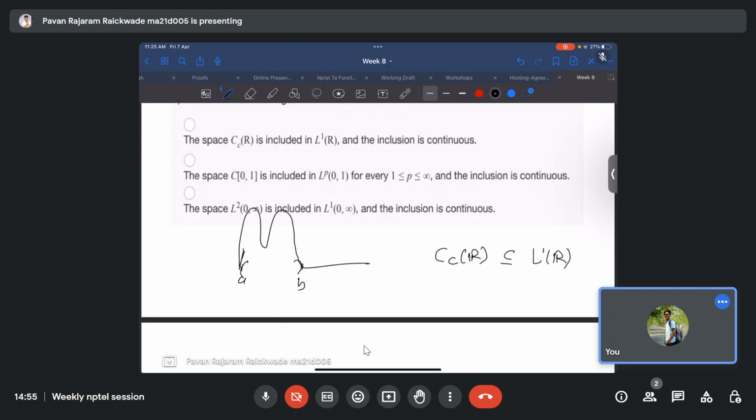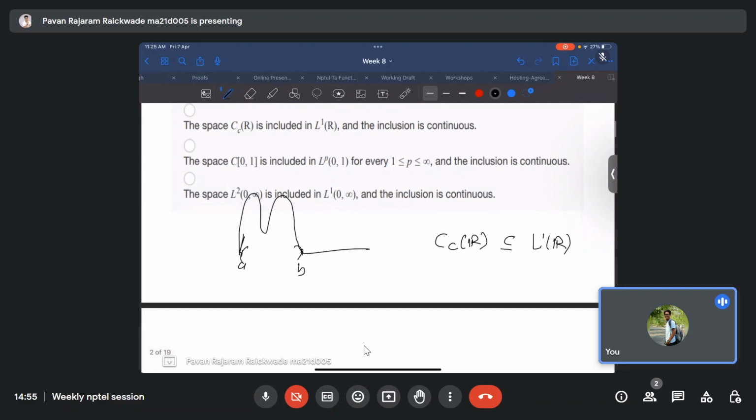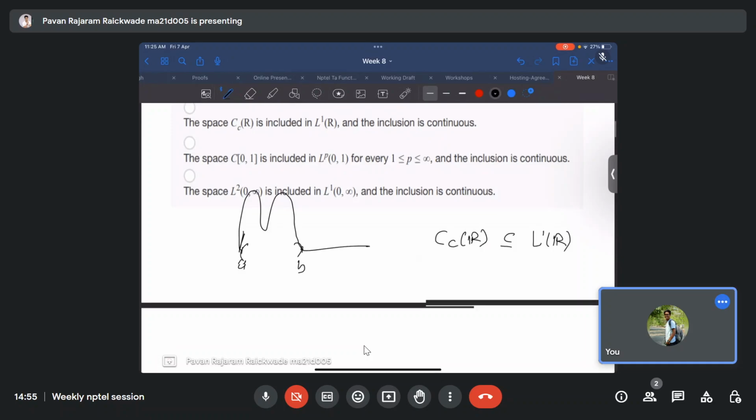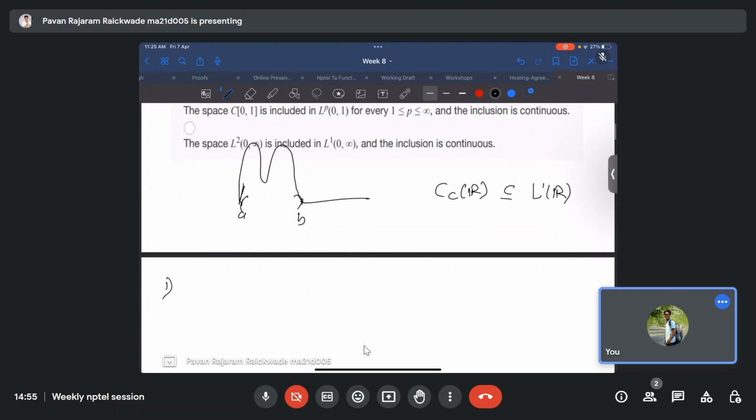But the question is, if you consider C_c over R with the infinity norm, is the inclusion continuous or not, with L1 having its L1 norm? Consider the mapping I from C_c over R to L1 over R, where I of any element f is just the same element f.